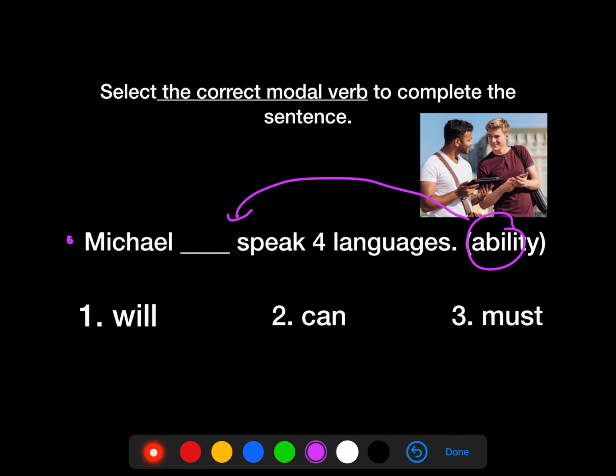We need to go back to the brain, and we need to remember the will family, can family, must family. So will, it's like prediction. He will come. And also decision.